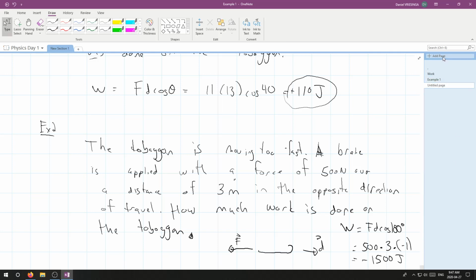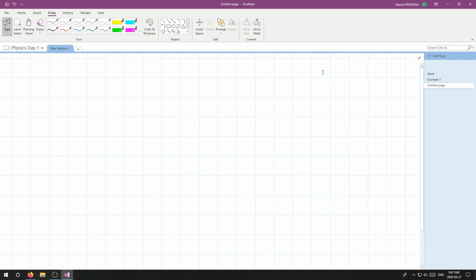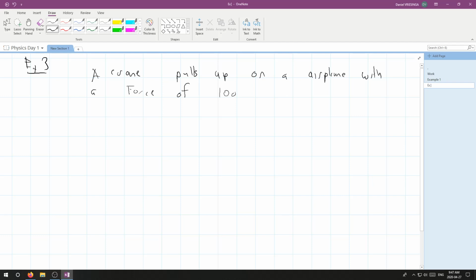Let's do a really basic example where you get zero work. This is a silly example, but example 3. I don't know, a crane pulls up on an airplane with a force of 10,000 newtons.